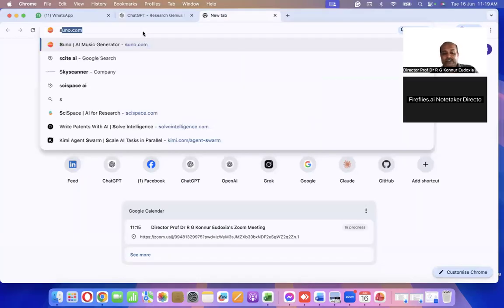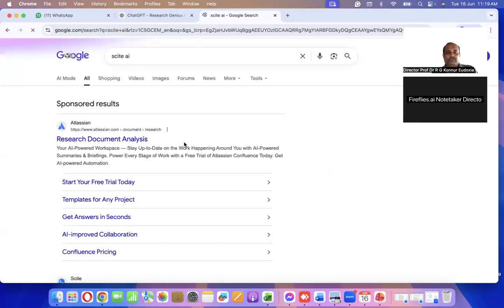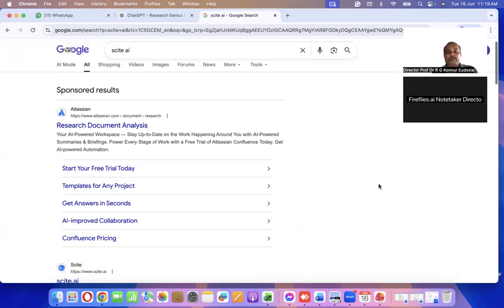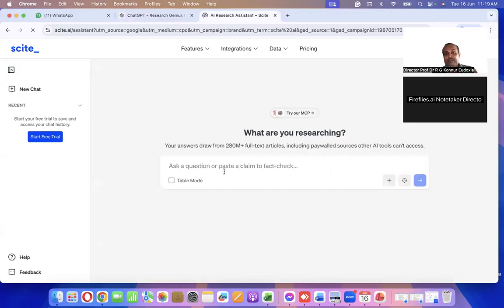Then you can go for a site. The site is also a very good platform where you can prepare the hypothesis. Here you can write the prompt, then go for it.